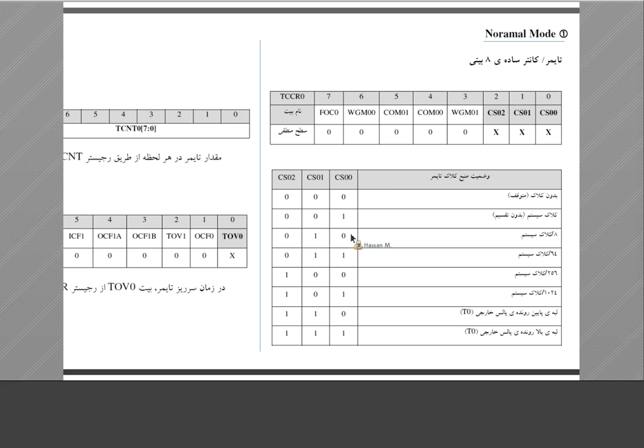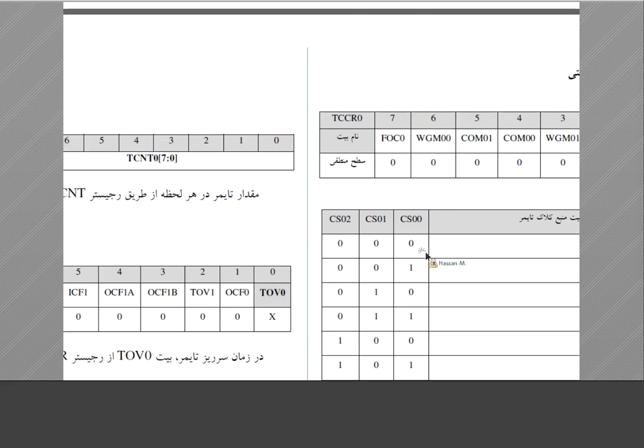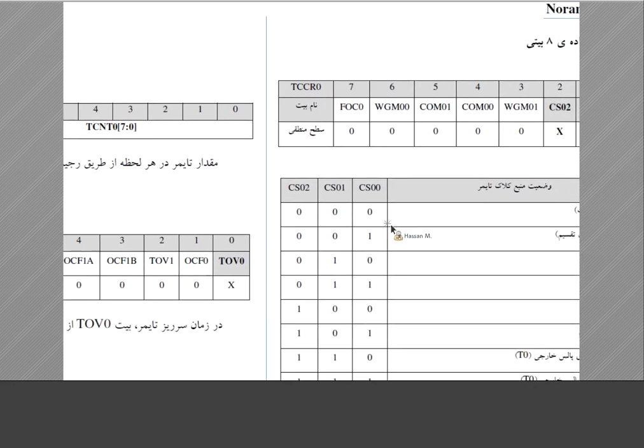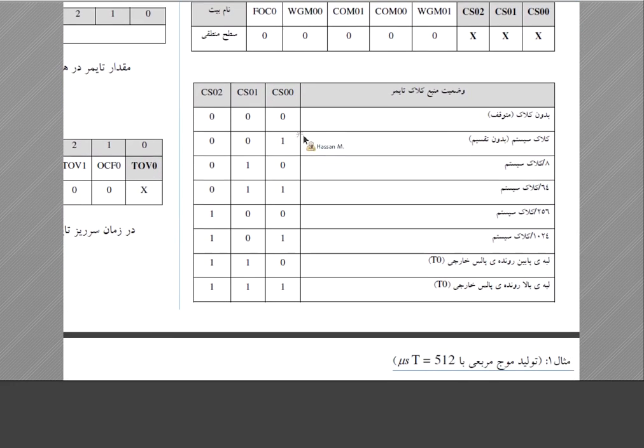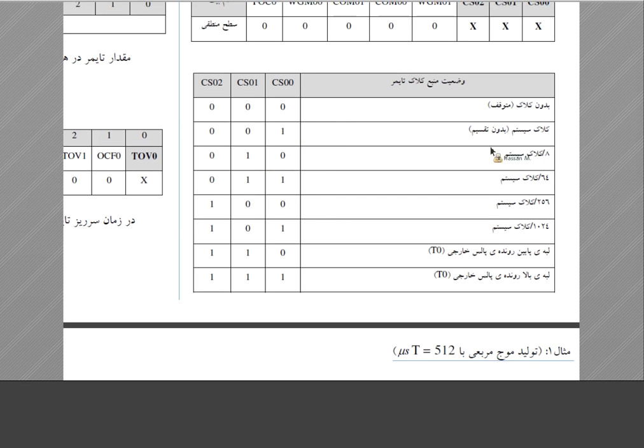If these 3 bits are 2, it means the system clock divided by 8. 3 means clock divided by 64. 4 means clock divided by 256. 5 means clock divided by 1024.